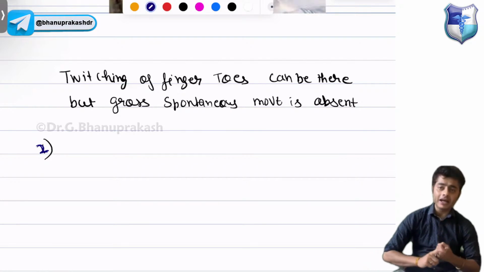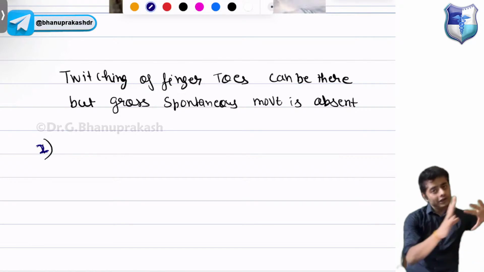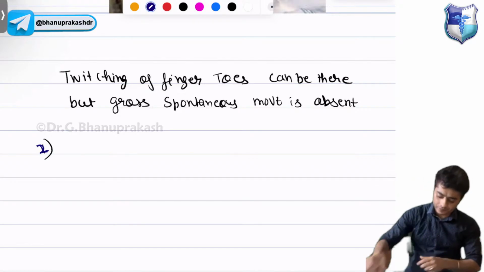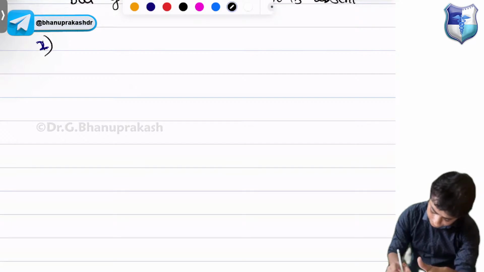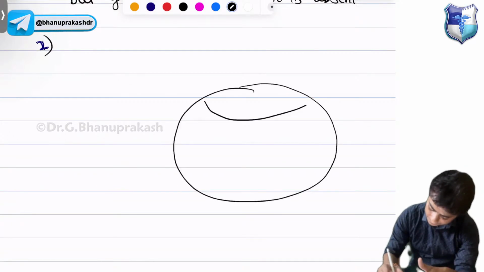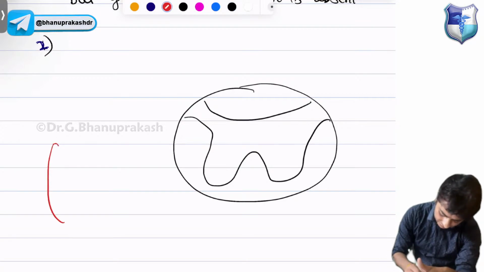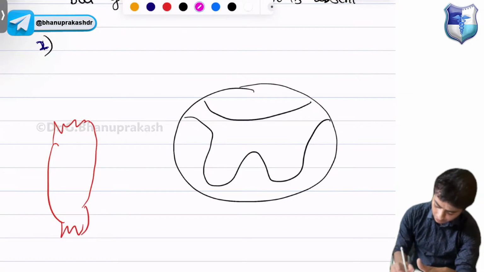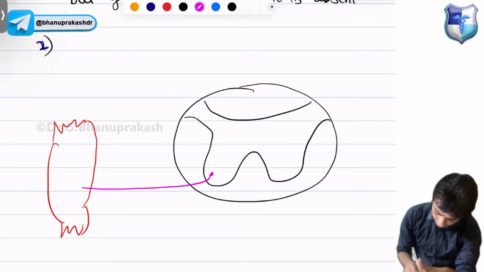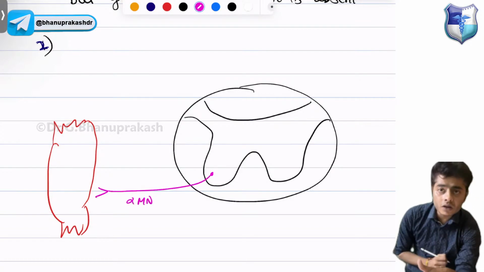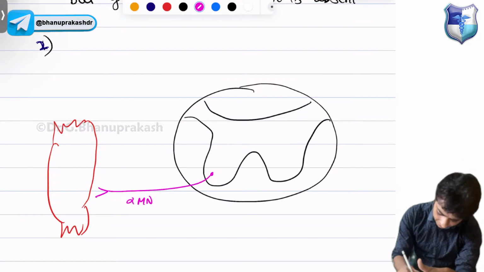Beta, deep tendon reflex is mediated by UMN as well as LMN. Here UMN is not functioning, but LMN is functioning. See, this is your spinal cord, this is your muscle. These are alpha motor neurons.